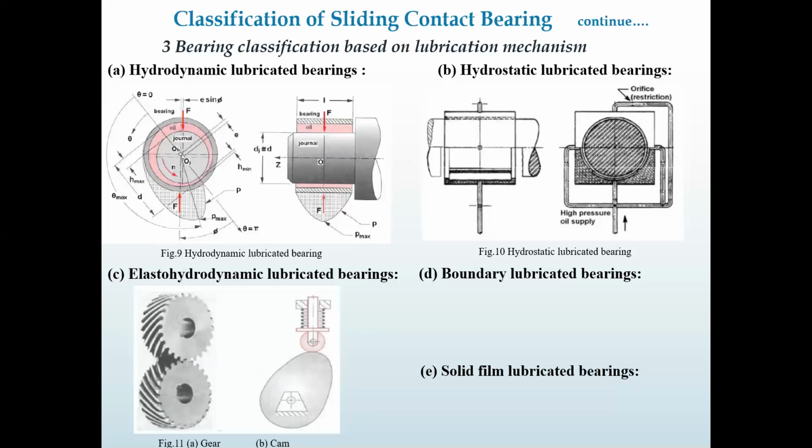So in such conditions, we use solid lubricants such as graphite or molybdenum disulfide, for extremely high temperature conditions. So based on the type of lubricants we are using, the classification is done.